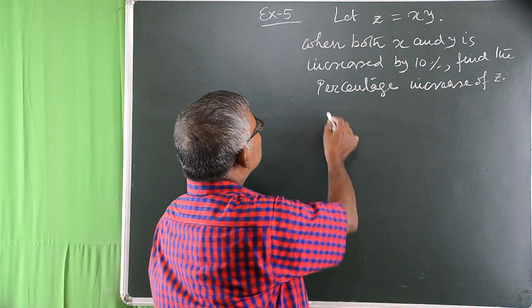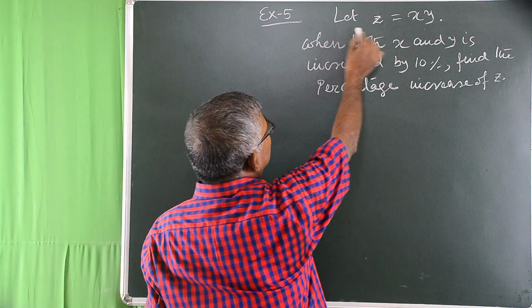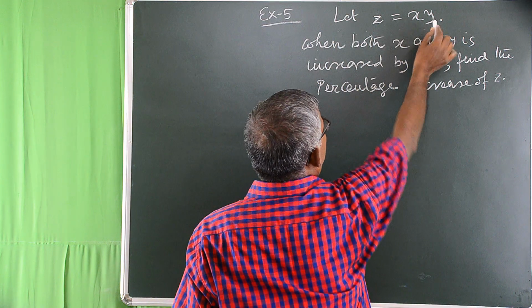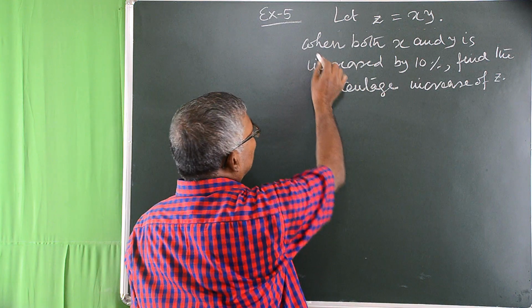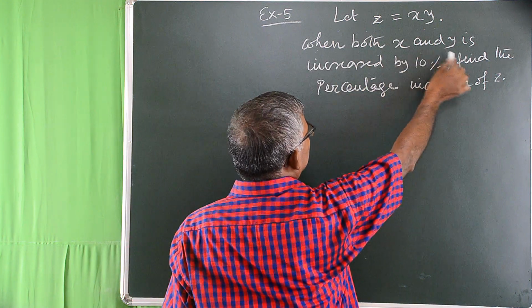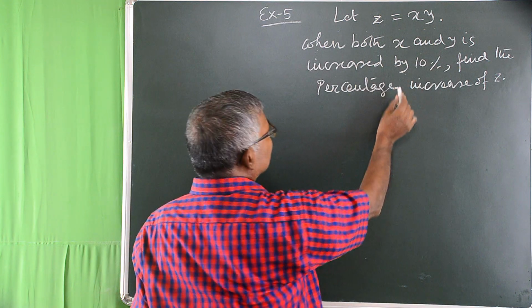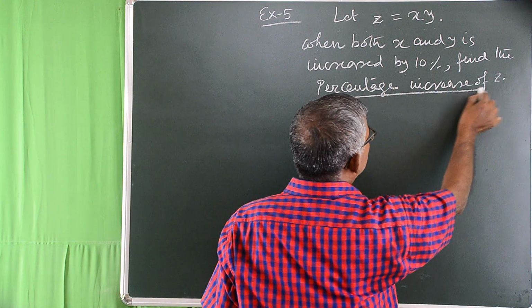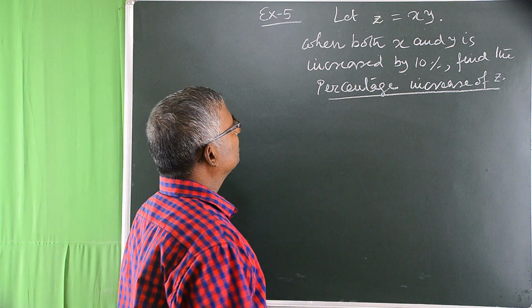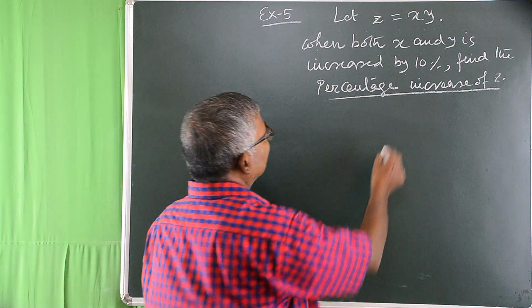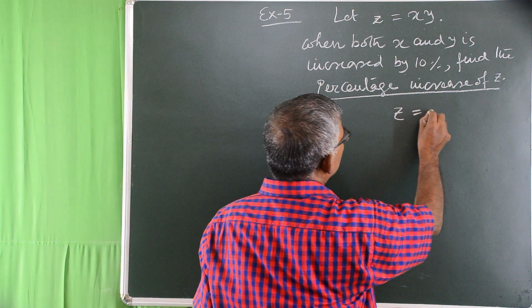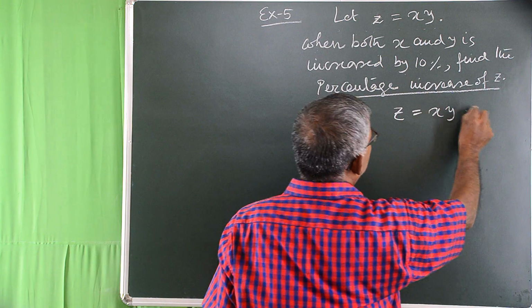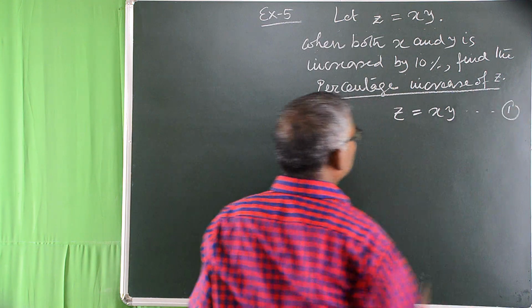Let us consider the next problem. Let z equal to x into y. When both x and y increased by 10%, find the percentage increase of z. Students, here given that z equal to x into y, suppose it is 1.